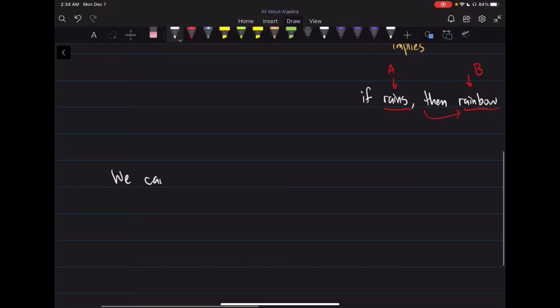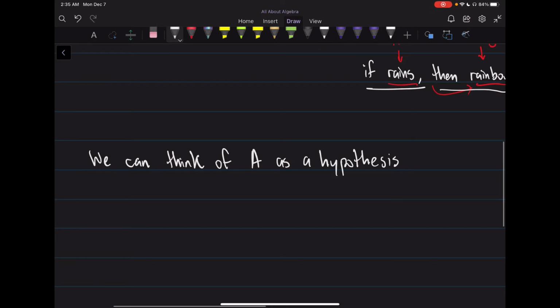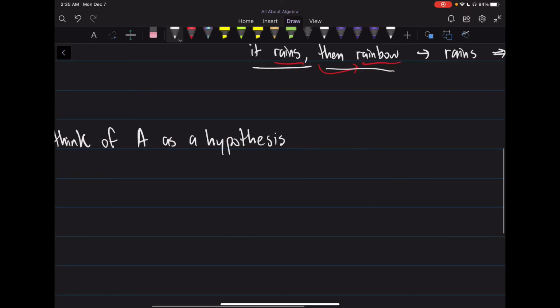We can think of A as a hypothesis, right? Because you're saying, if we assume this occurs, so we're saying if this, then this, right? So we can think of A as a hypothesis. Well, if we're thinking of A as a hypothesis, then that makes B our conclusion.